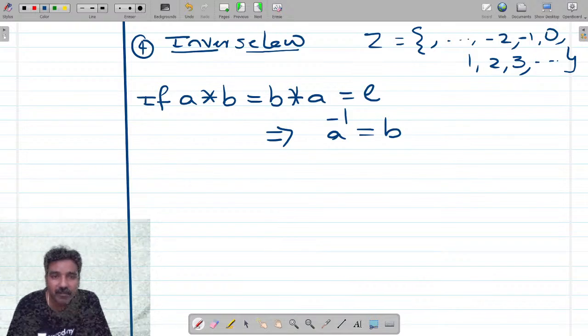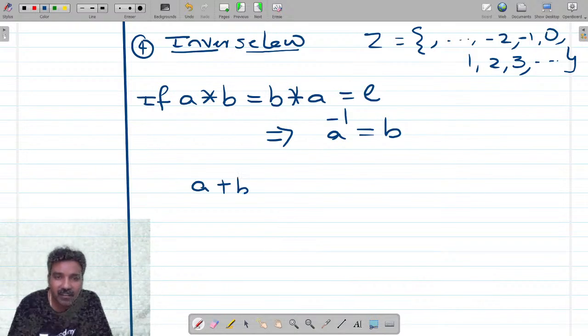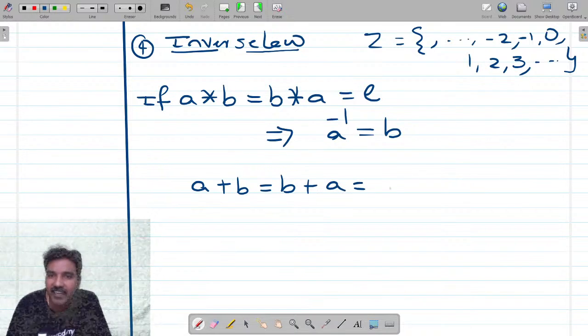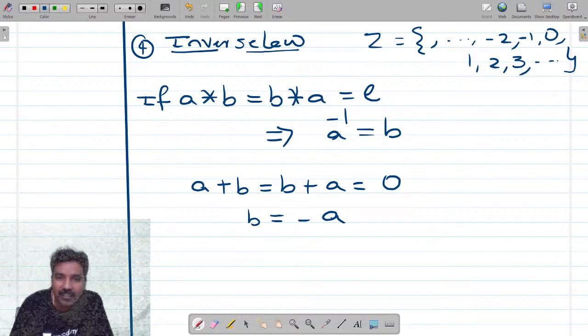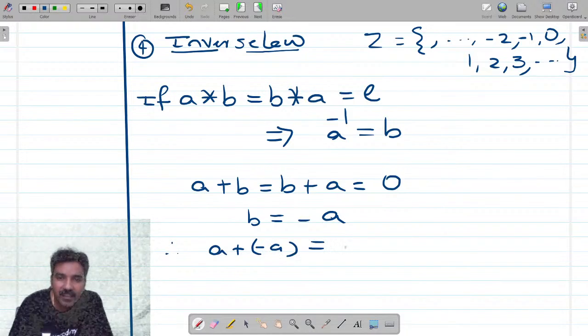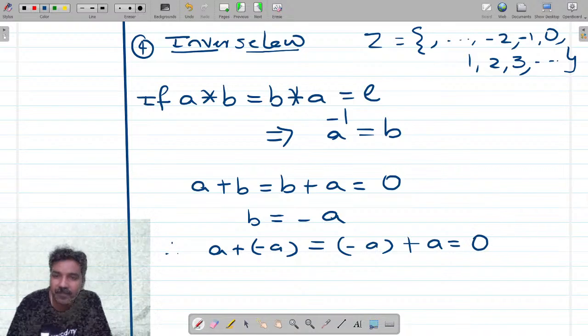So if a star, ఇక్కడ plus రాయండి because operation is plus. A plus B equal to B plus A equal to what is identity element? 0. So B value ఎంత వస్తుంది? minus A వస్తుంది. It means that A plus minus A is equal to minus A plus A equal to 0 for all A belong to Z.